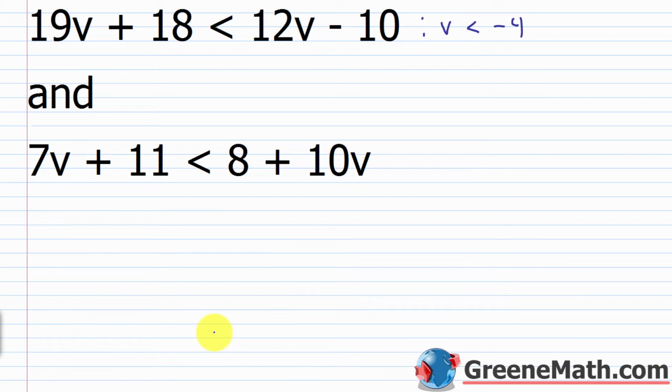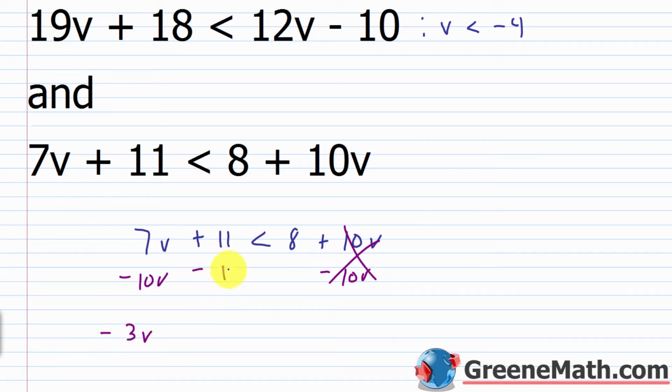All right, for the second part of this, I have that 7v plus 11 is less than 8 plus 10v. Again, what I can do is subtract 10v away from each side. That's going to cancel. 7v minus 10v would give me negative 3v. I would subtract 11 away from each side. That's going to cancel.